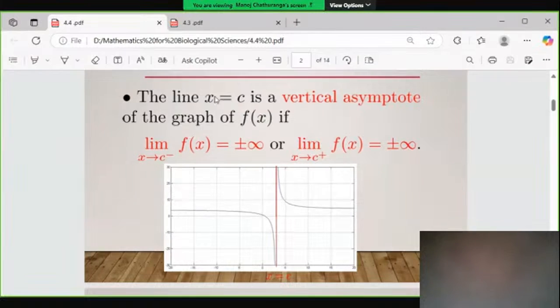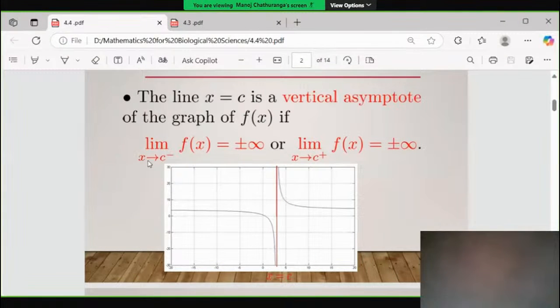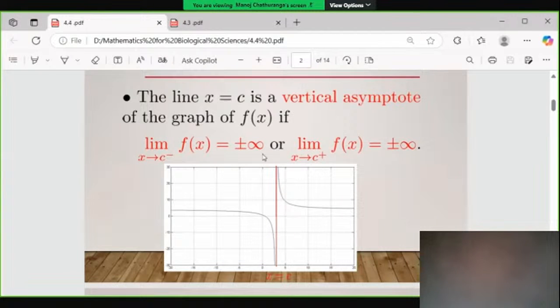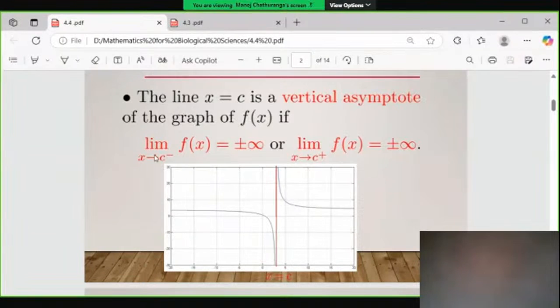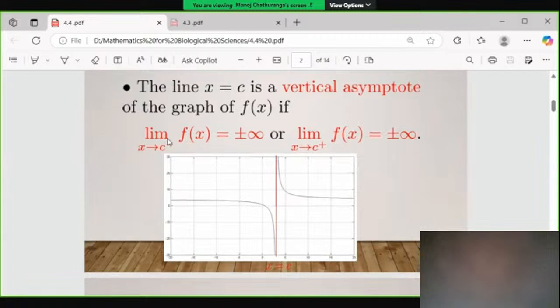The line x equals c is a vertical asymptote for the graph if, seen from either the negative direction or the positive direction, the function goes to one of the infinities. It is enough for one of these one-sided limits to be infinity.